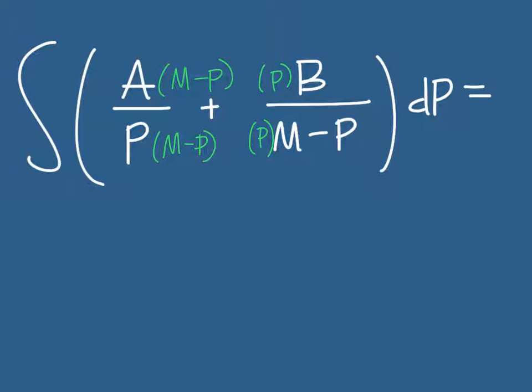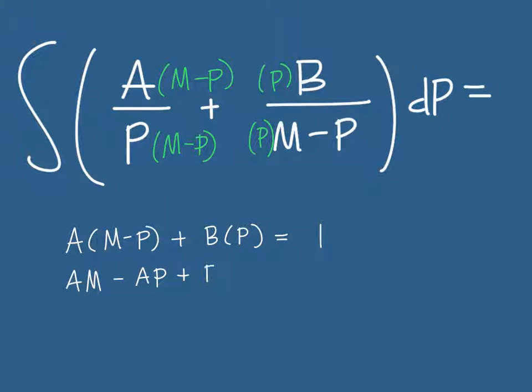And so I will end up with a times m minus p plus b times p equals the original numerator, and the original numerator happened to be 1. So we've got am minus ap plus bp equals 1.